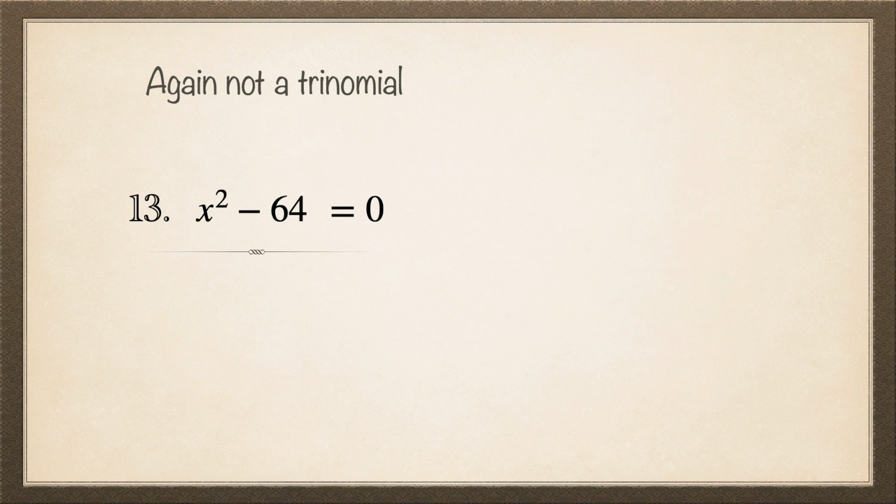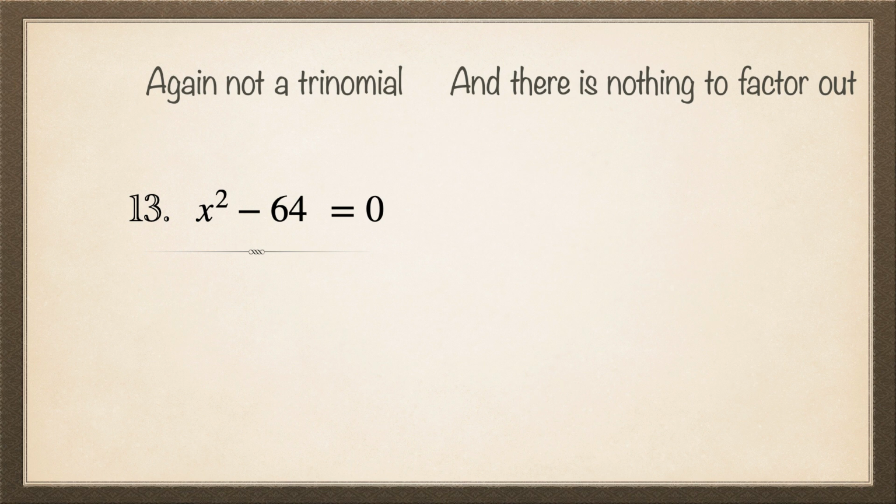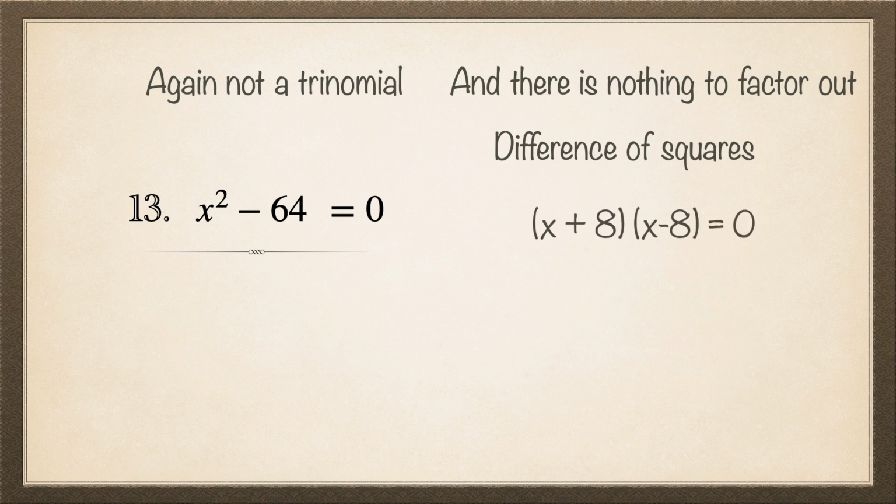Well, I know if it's the difference of squares, that I'm going to have x plus 8 and x minus 8. I have two binomials, meaning I have two factors. I have a factor of x plus 8 and a factor of x minus 8. They're being multiplied by one another, which is what makes them factors.